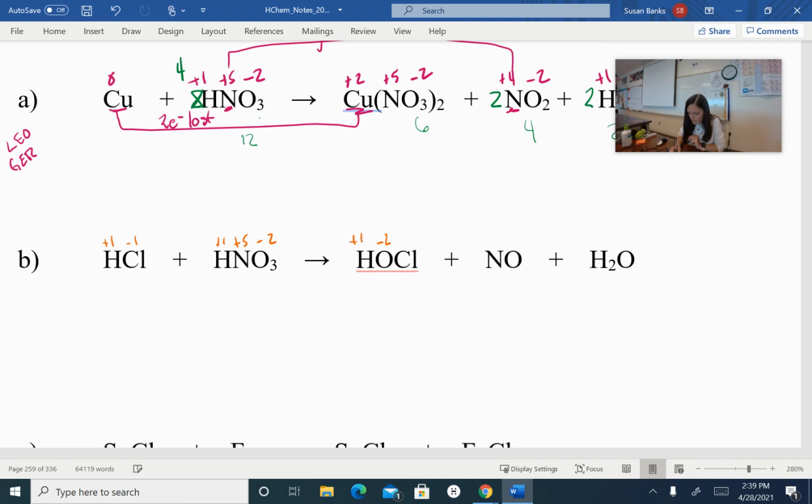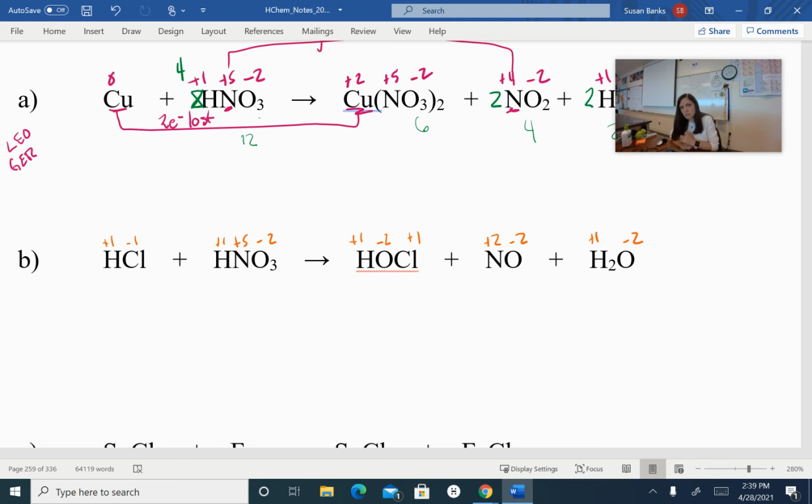Hydrogen is a +1. Chlorine here is a +1. This is a weird one. So be careful. Make sure you look at what is the most electronegative. Okay? Nitrogen here is a +2, oxygen here is a -2, hydrogen is a +1, and oxygen is a -2.